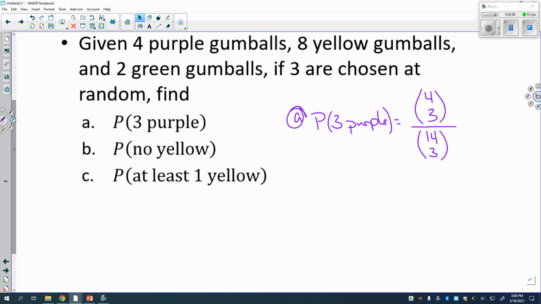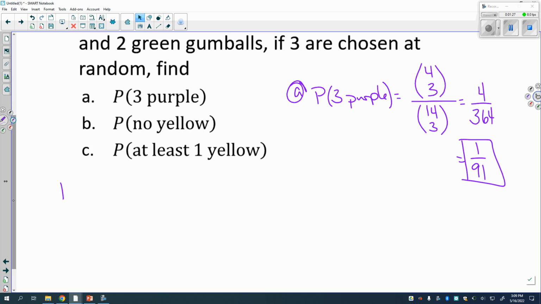I punch these into my calculator and I get 4 out of 364. And I reduce that to get to 1 out of 91. So that's the probability of 3 purple. And these are going to use our counting techniques from last week where I'm doing combinations.